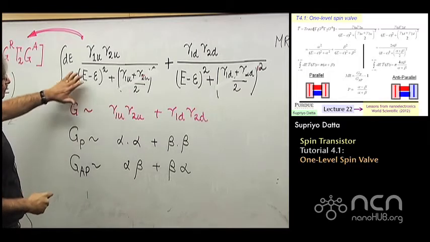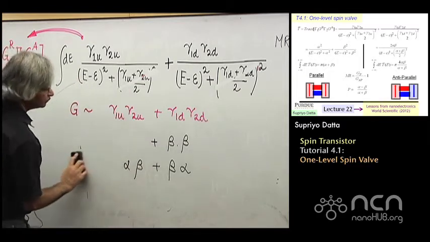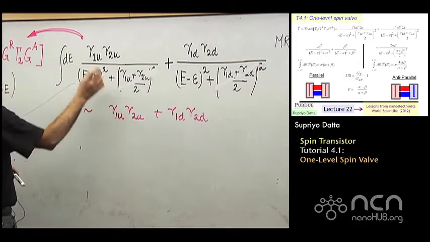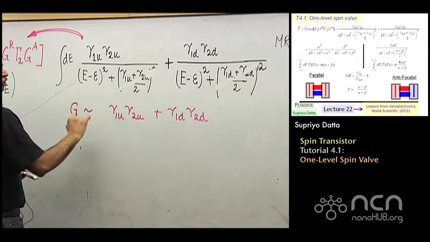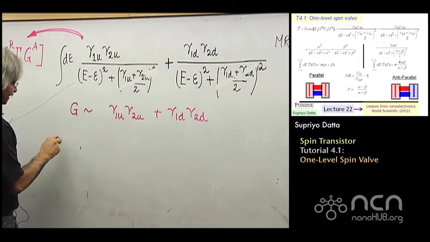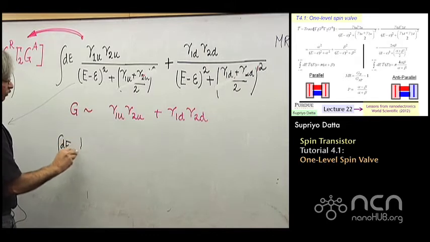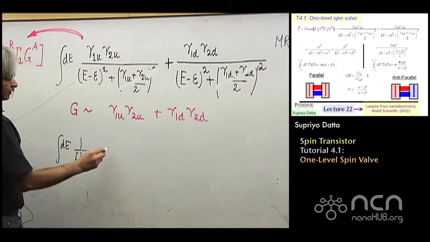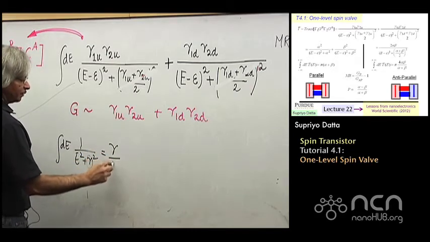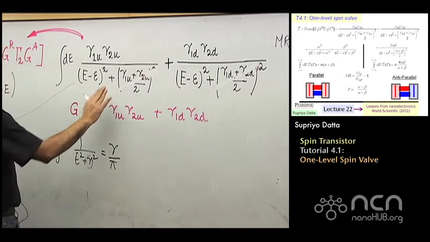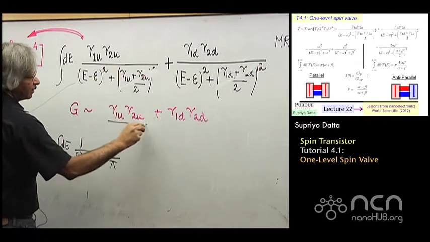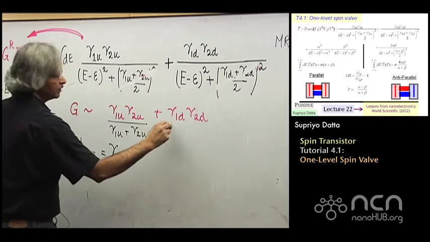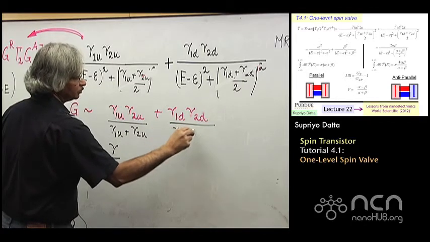And when you integrate a function like this, what's on top is a constant, but what you can show is that when you integrate dE over E squared plus gamma squared, you get something that's basically gamma, I think gamma divided by pi. So when I integrate this, what I'll get is gamma 1u gamma 2u divided by gamma 1u plus gamma 2u, and this will be like gamma 1d plus gamma 2d.